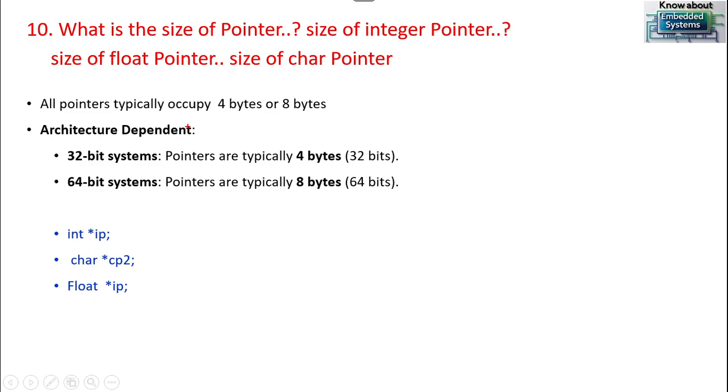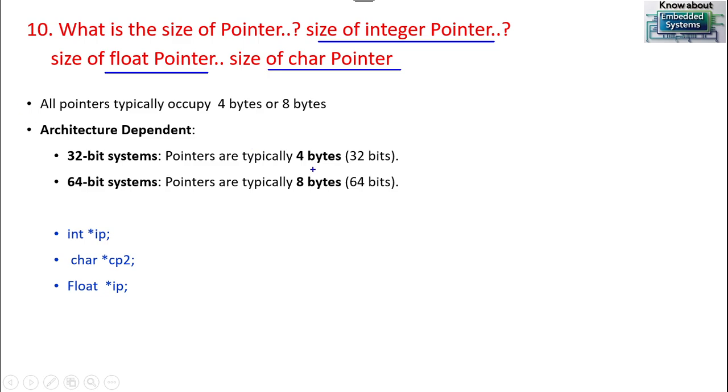For all these questions, the answer is very simple. However many pointers you create, irrespective of their data type, whether it is a float pointer, a character pointer, or an integer pointer, a pointer will always hold either 4 bytes of address or 8 bytes of address based on the processor architecture or your system architecture.